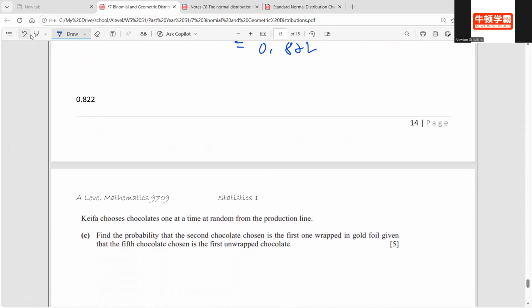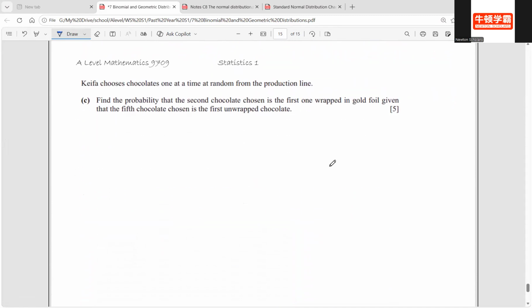Next one. He chooses one at a time at random, then he finds the probability that the second chocolate chosen is the first red gold.